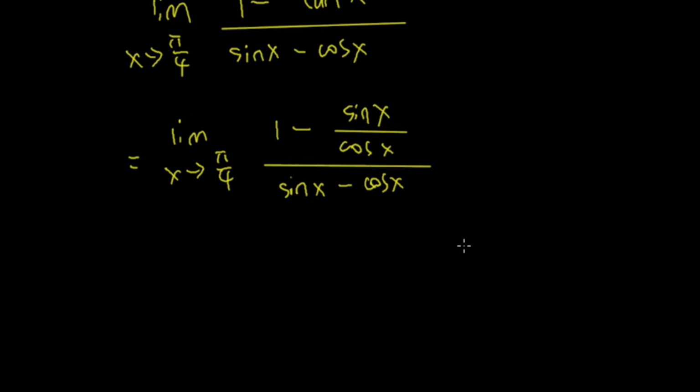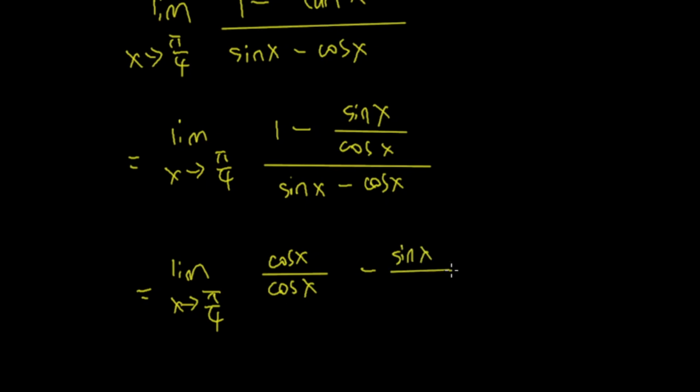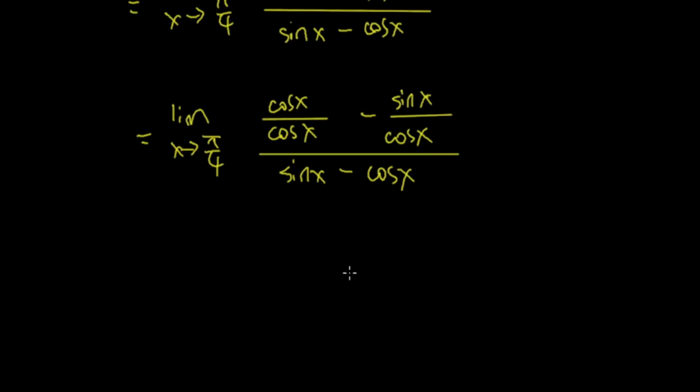Now, the next thing is maybe trying to rewrite 1 to have a common denominator here so that we can group this together. That would be cosine of x over cosine of x minus sine x over cosine x, divided by sine x minus cosine x. Okay, now you can group this together.